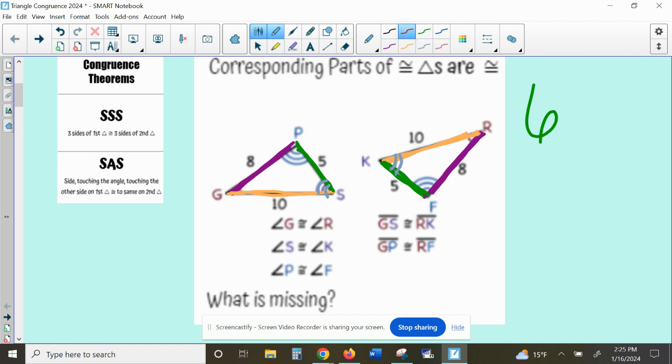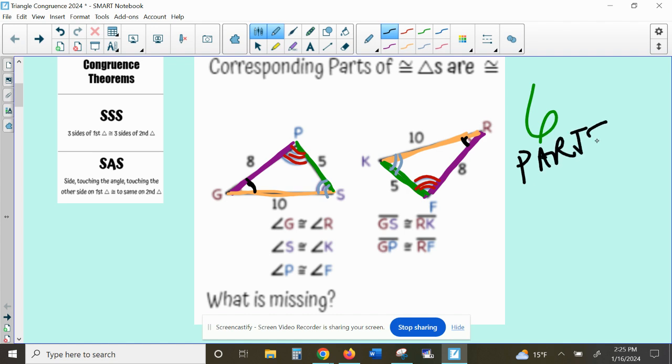Then we have, I'll do the red one, this is like a triple arc, which matches this one. And then we have one that's the single arc, which is this one, matches this one. So those are all the corresponding matching parts. Notice there are 6 different parts that correspond to each other.